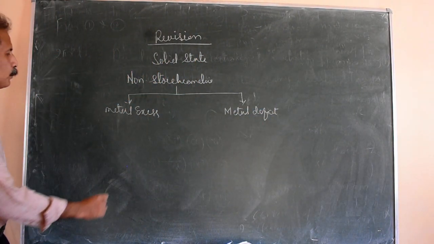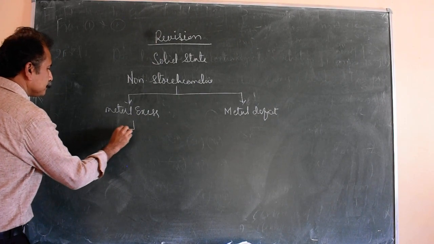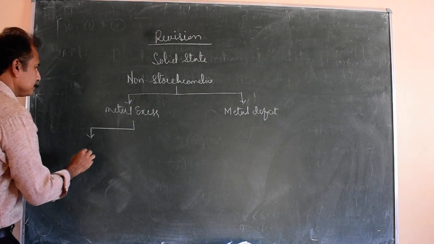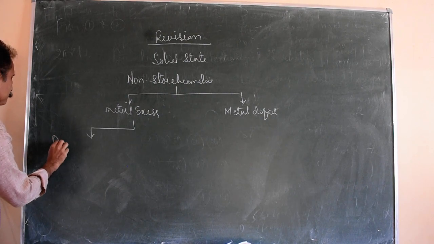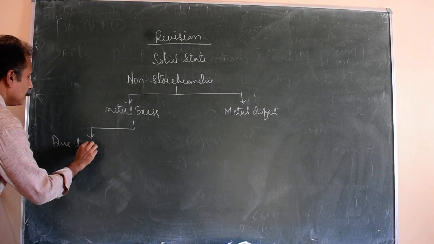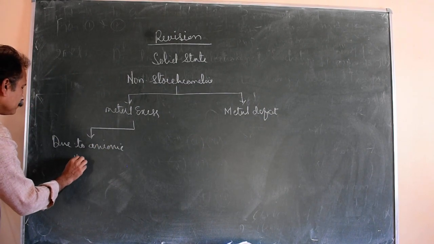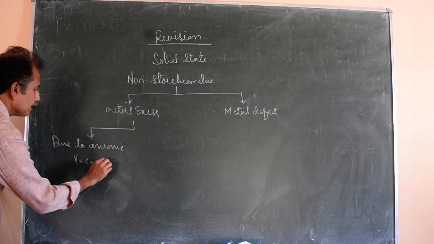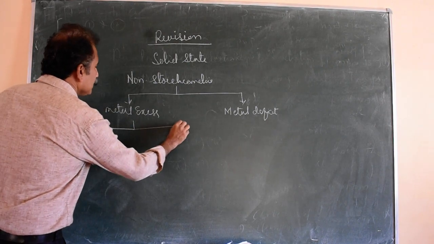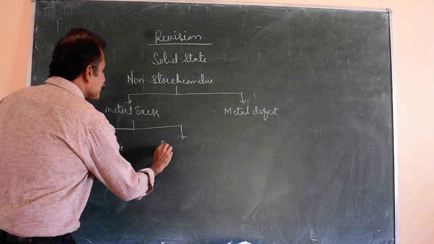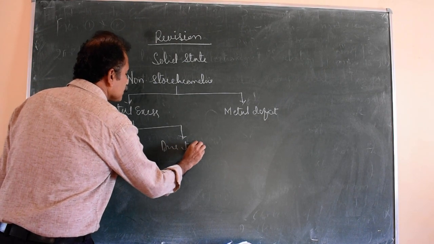And in this we get two types. Due to anionic vacancies. And the next one, due to excess of cations.